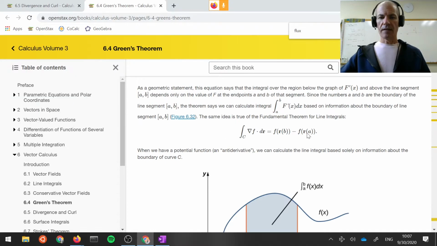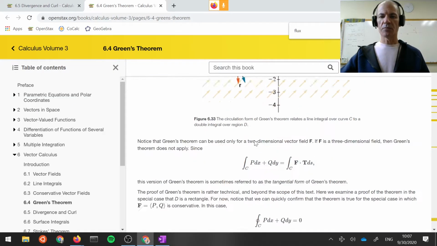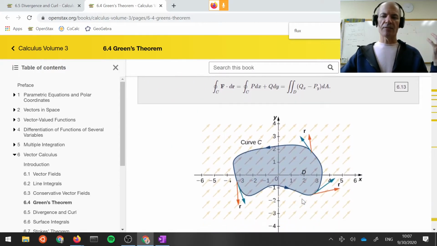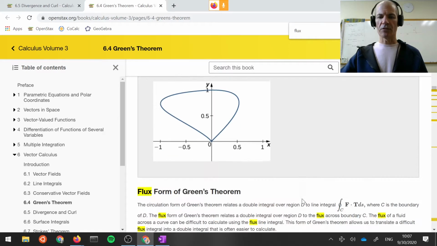And in both of those cases, there were these kinds of peculiar combinations of partial derivatives of the components of the vector field. Here in the circulation form, we've got this vector field P, Q, and then the integrand in Green's theorem is Qx minus Py. And you know, that's just kind of weird, and that's how it falls out from the proof of Green's theorem.